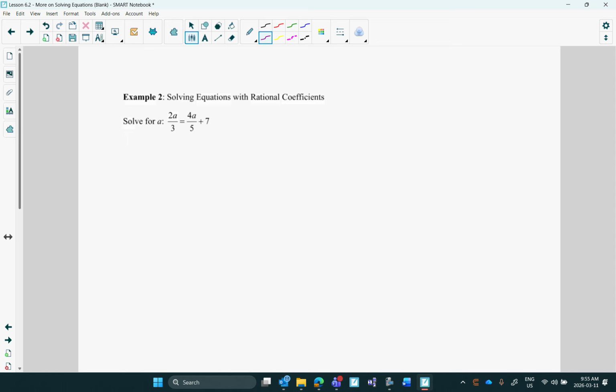Let's look at this one. Well, fractions that I want to get rid of. What would I multiply everything by in this case? Remember, you have to multiply by the lowest common denominator? 15. Everything gets multiplied by 15.